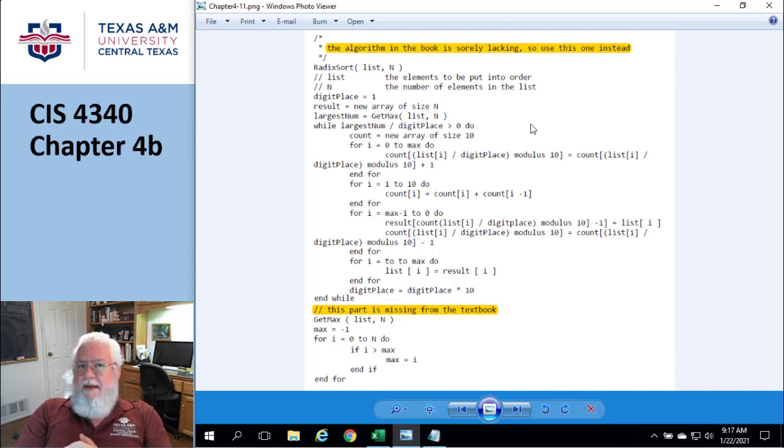But I have to have it in an array list, and I don't have an array list, so that's not something that we're going to do, but you need to know a little bit about it. You need to know that the idea of a radix sort is actually pretty cool, but its implementation is what's kind of holding it back.